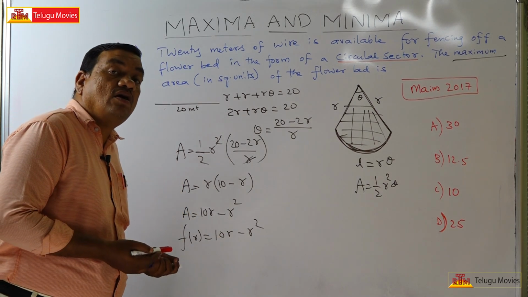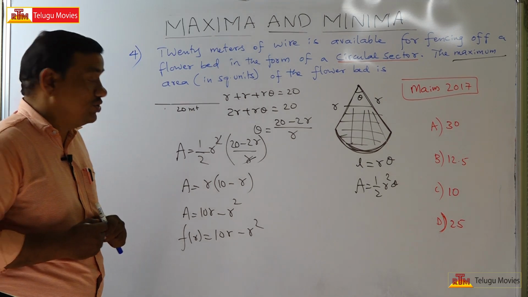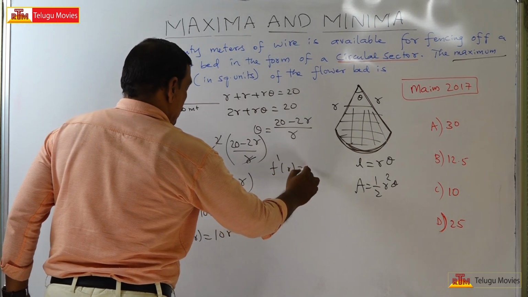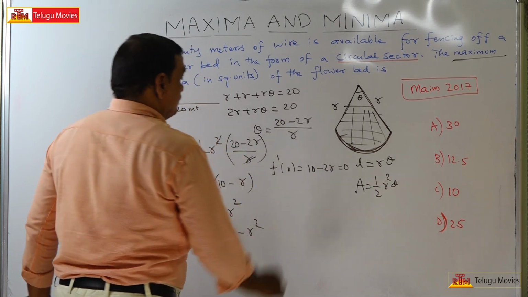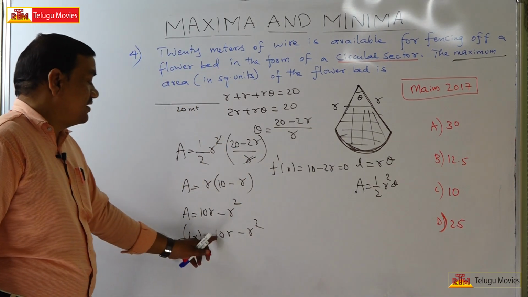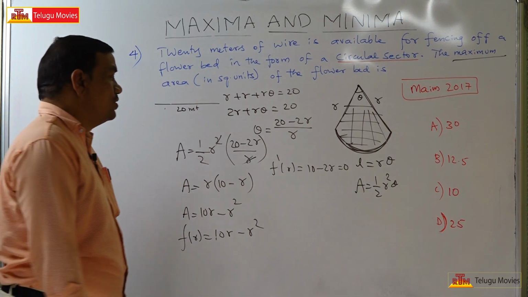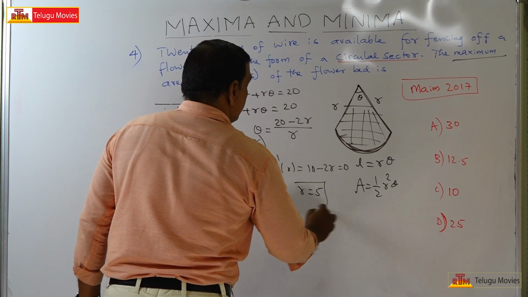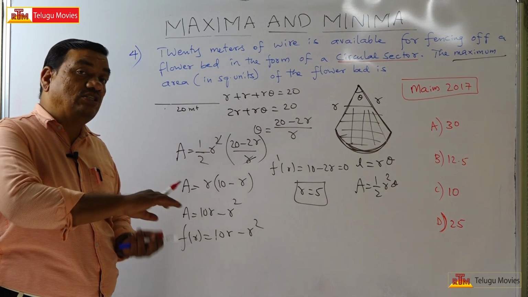For maxima or minima, we have f dash of r equal to 0. That is 10 minus 2r is equal to 0, so r is equal to 5. At r is equal to 5, the function will be either maximum or minimum.